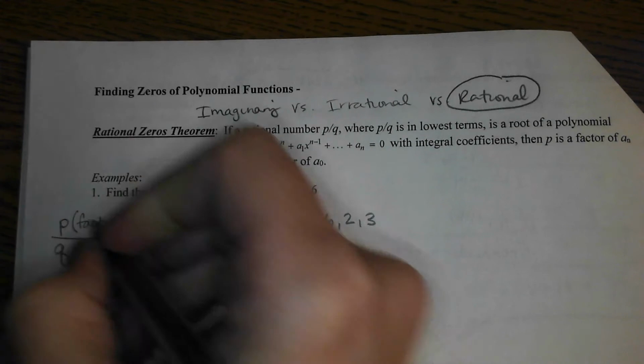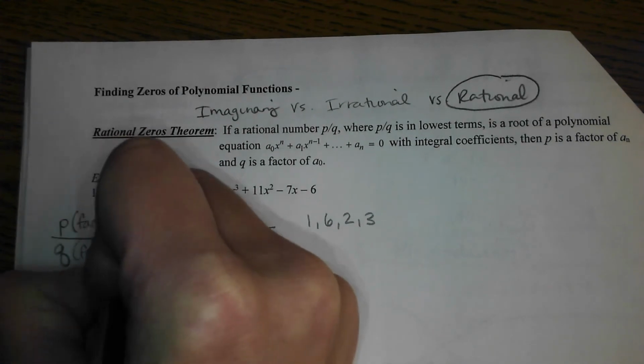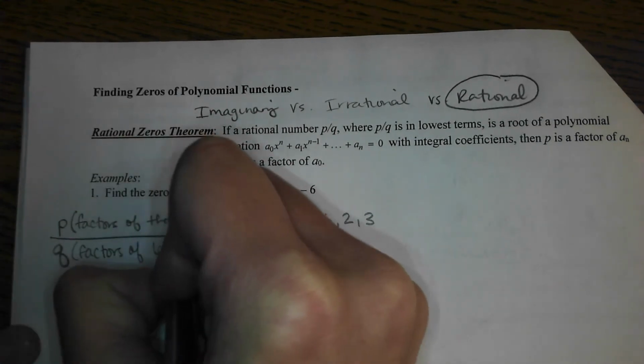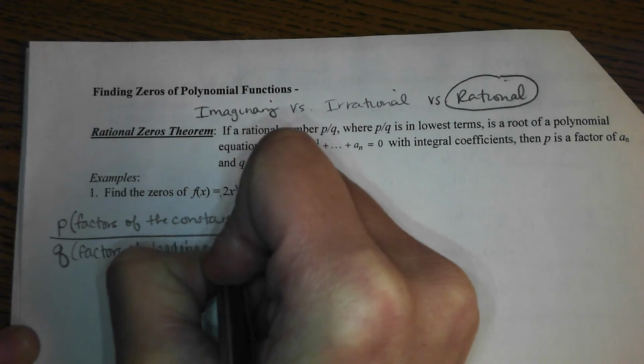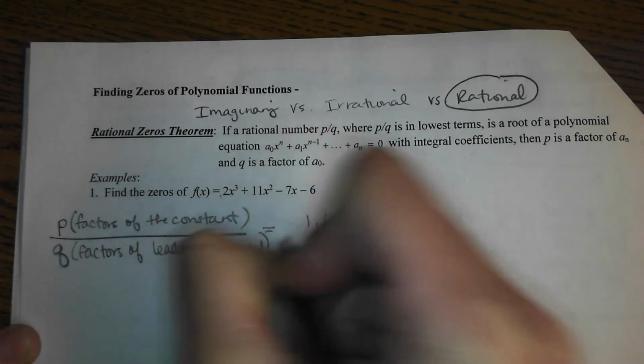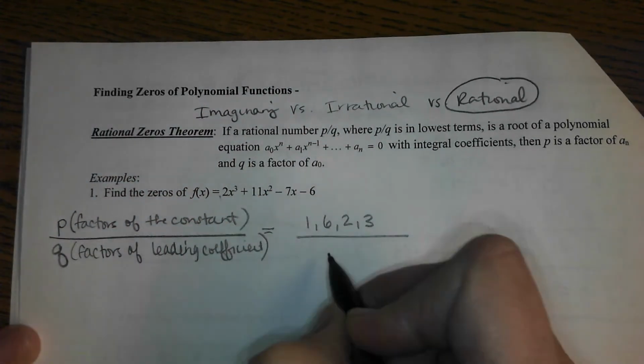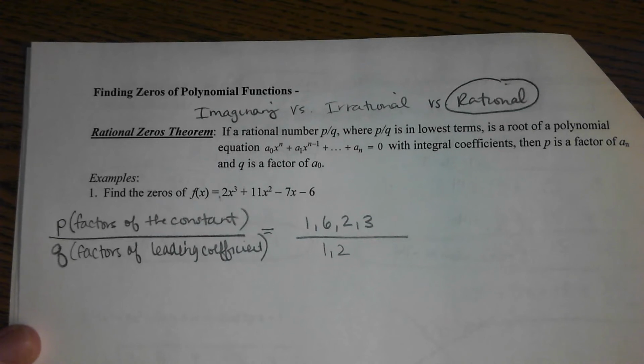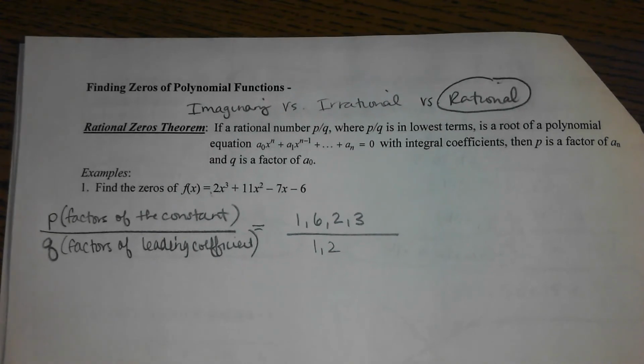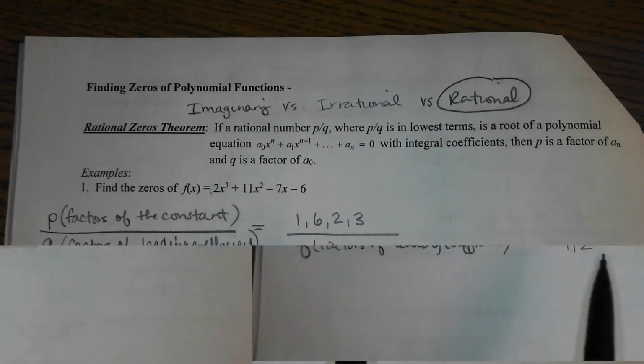Over your q's, which are the factors of your leading coefficient, which was what, Ryan? 2. And the factors of 2 are just 1 and 2. So it's any combination of those.